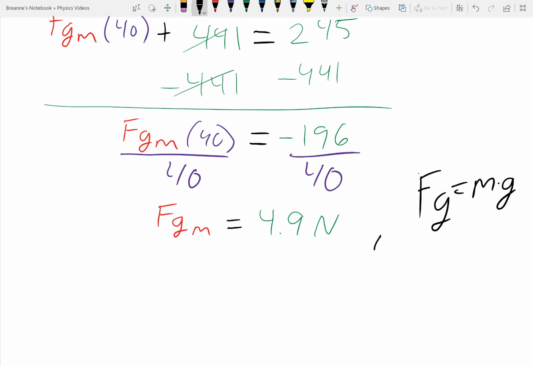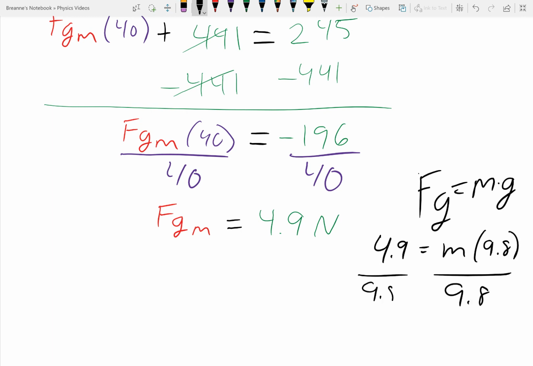So you just plug in 4.9 equals mass times 9.8, since acceleration on Earth is 9.8. So you divide by 9.8. You get 4.9 divided by 9.8, and your mass is 0.5.